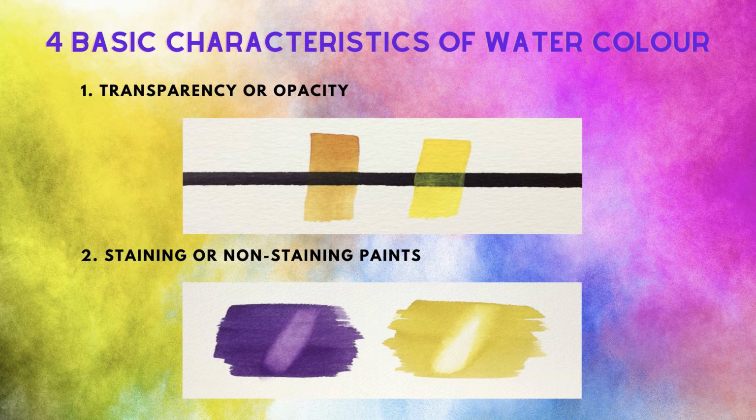Still I can see traces of the purple shade in the area where I have taken out the color. And if you look at the second picture with the yellow color, the area which I wiped out is looking completely white. So there is no stain on the paper. These two things depend totally on the quality of the pigments, the quality of the watercolors, as well as the quality of the watercolor paper.